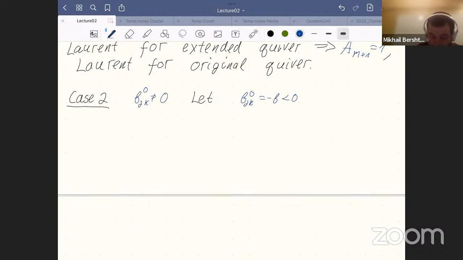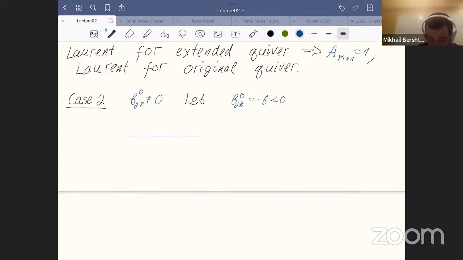Let me again draw our tree, I mean our graph.